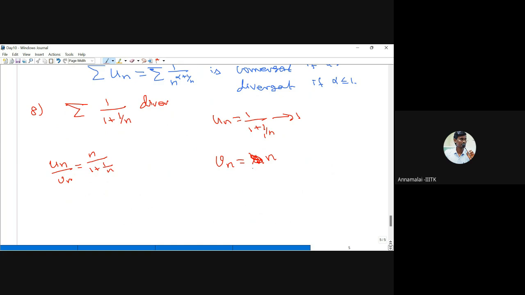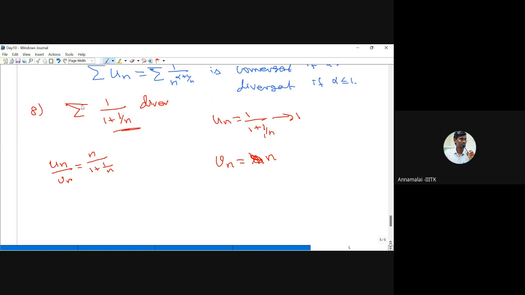Again we will not get it, because n multiplied inside gives 1 by n plus 1. This converges to 0, but we don't get any non-zero value. So anyway, directly we can say this is divergent because the nth term does not converge to 0.